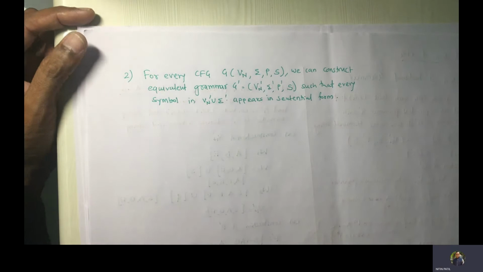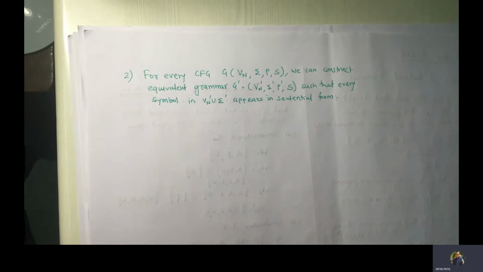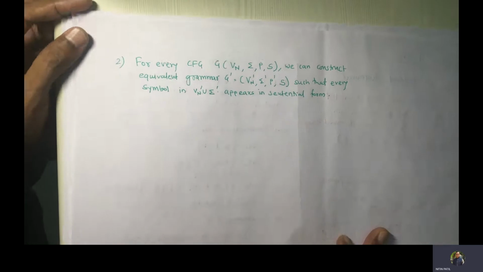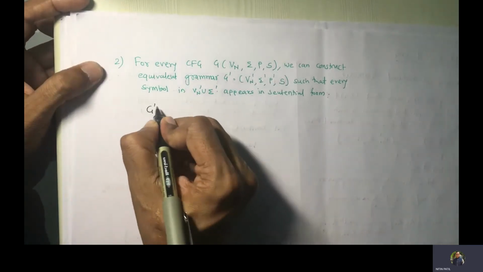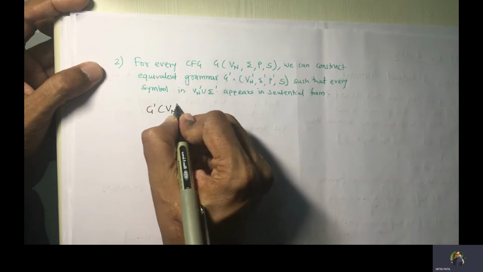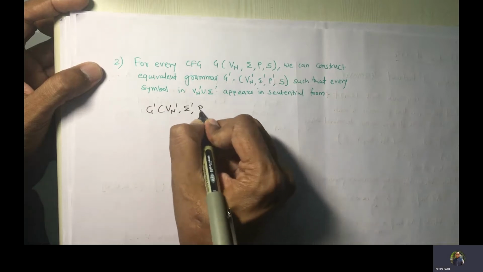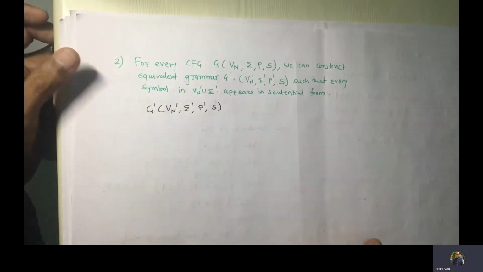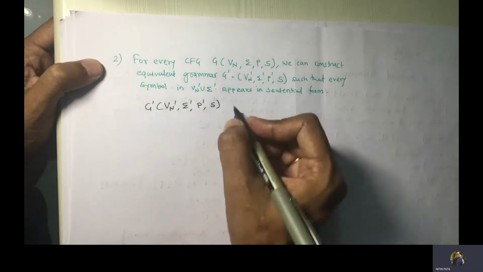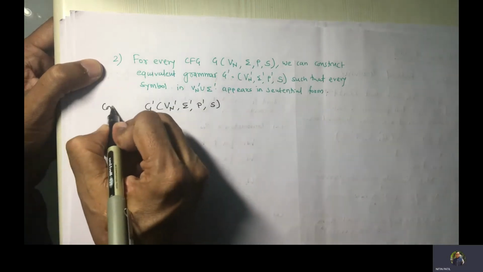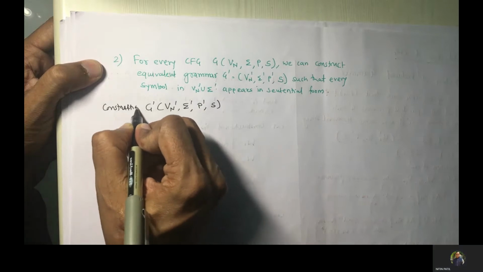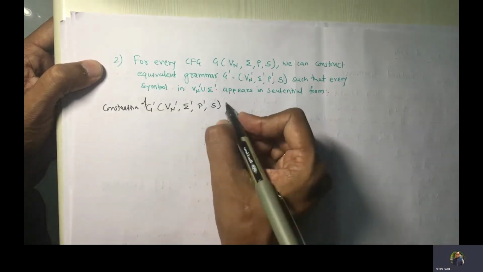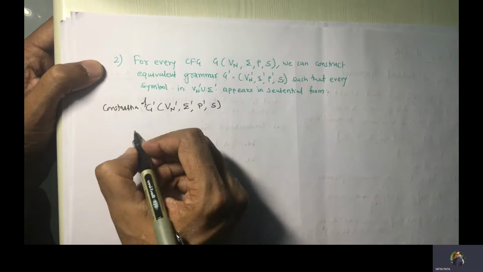Now let us try to define the process. We'll follow the same approach that we applied in the previous case. We have to construct grammar G dash, which is Vn dash, sigma dash, P dash, and S. Now let us define the construction.